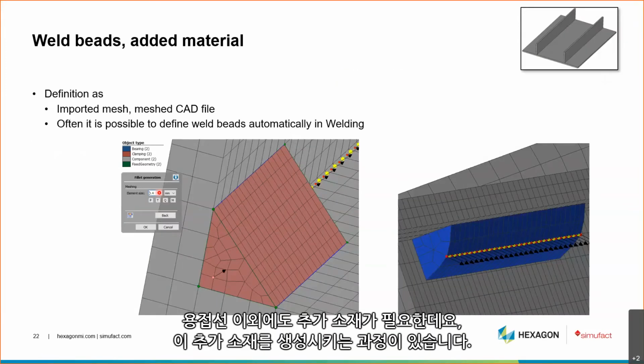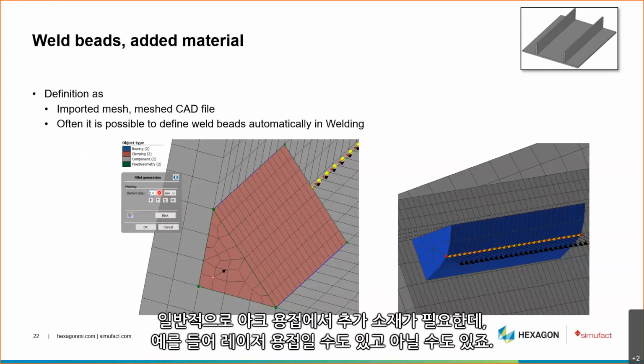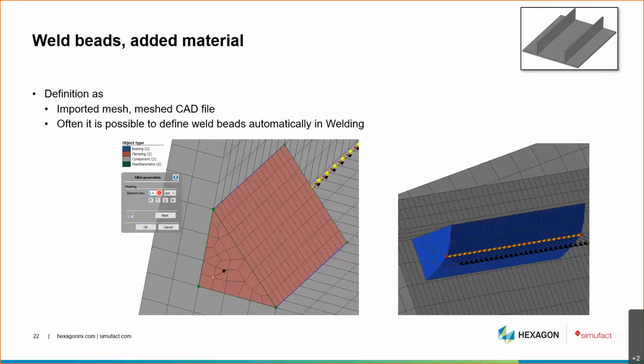Besides weld lines, we of course need some type of additional material. There are processes without additional material. There are processes that require additional material. So the usual case for arc welding, one usually needs some additional material. For laser welding, it might be the case, it might not be the case.